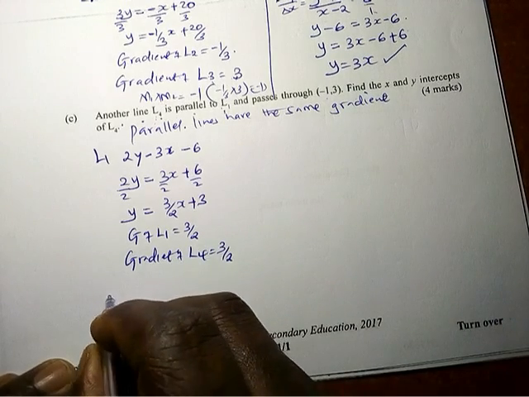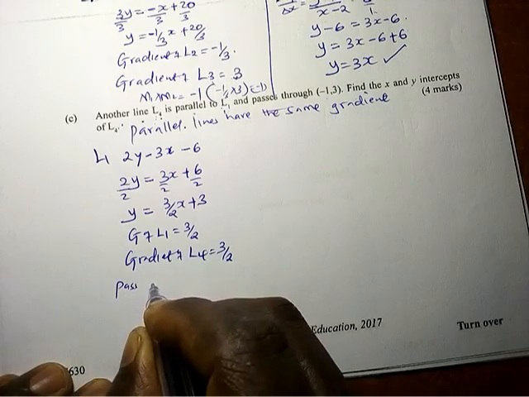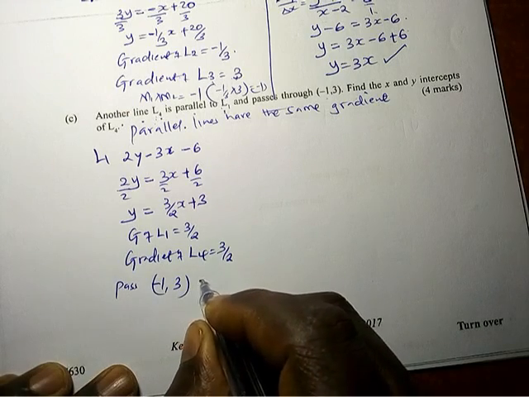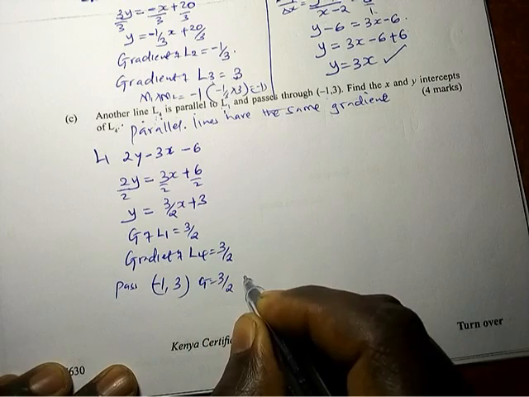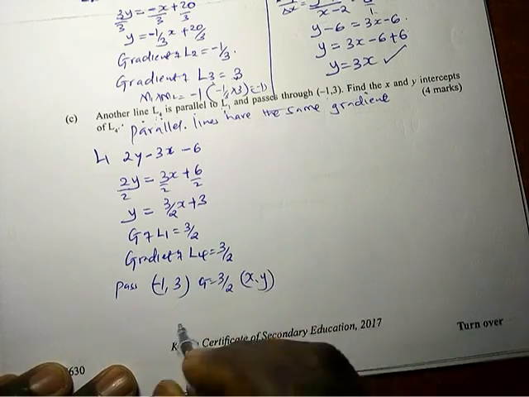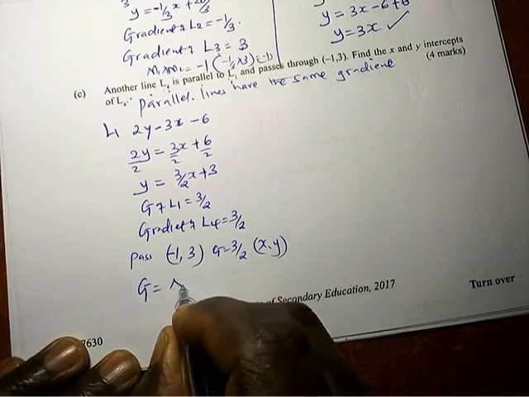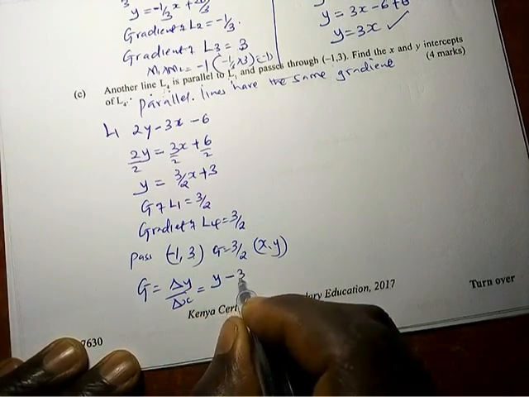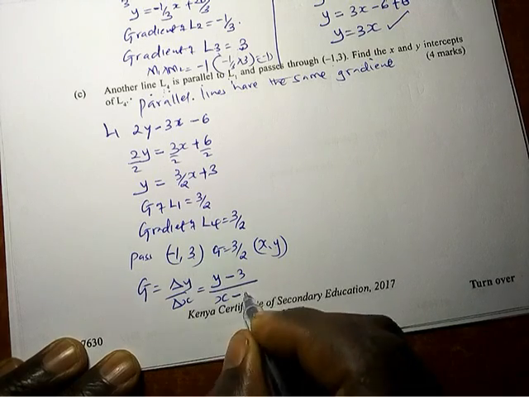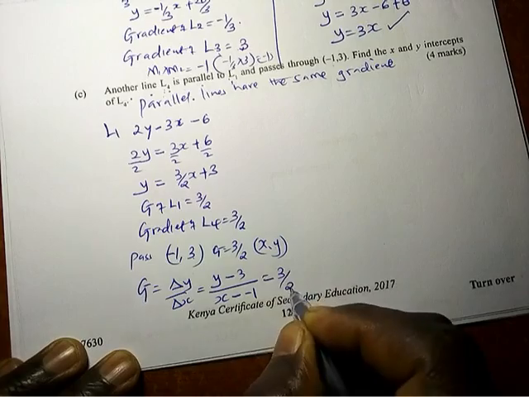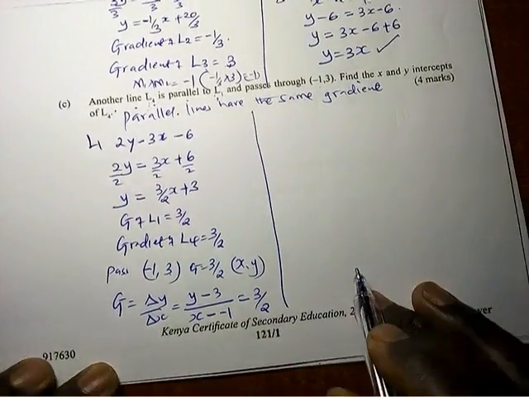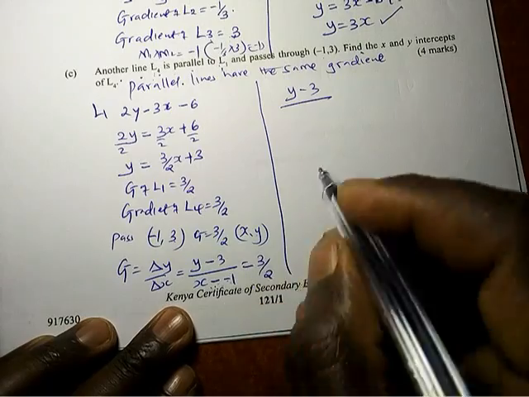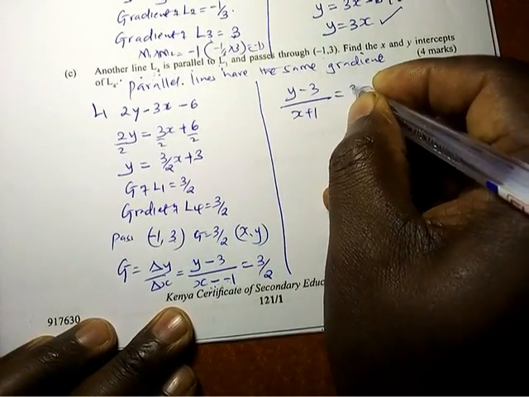Line 4 passes through the point (-1, 3). The gradient is 3 over 2. The general point is (x, y). Now gradient is equal to change in y over change in x, which is y minus 3 over x minus minus 1, equal to 3 over 2. So y minus 3 over x plus 1 is equal to 3 over 2.